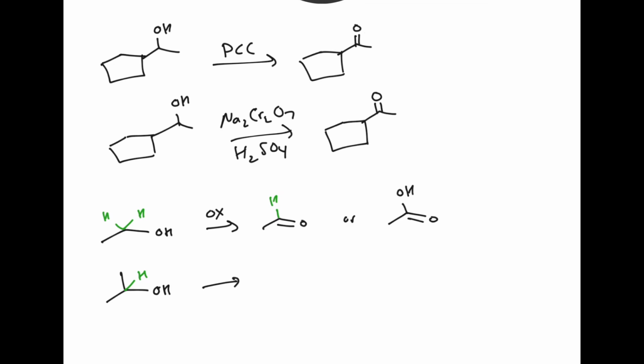And so you only have 1 hydrogen you can remove, so there's only 1 possibility. You only get a ketone, right? There's only 1 oxidation you can pull off. If you have a tertiary alcohol, you can't do an oxidation, right? Because there's no hydrogen to remove. So you're limited by the number of hydrogens on the carbon that has your alcohol for the number of oxidations you can do.